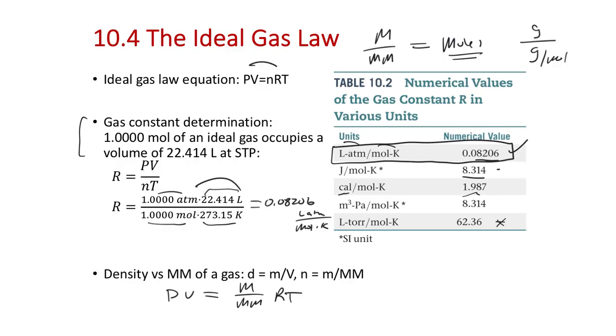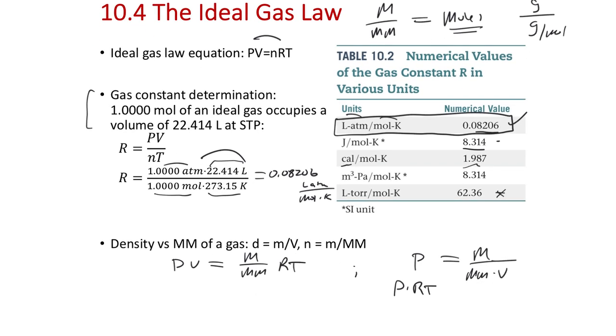One, I can relate that to density because I see an m and a V here. If I divide both sides by volume, and then multiply both sides by RT to get rid of RT over here. Oh, I'm sorry, I want to divide both sides by RT.